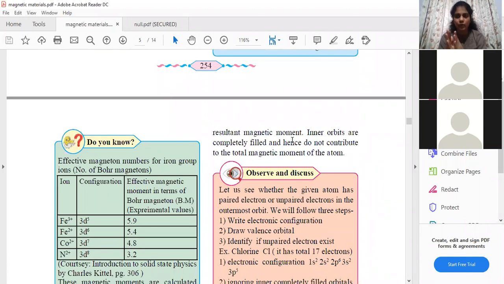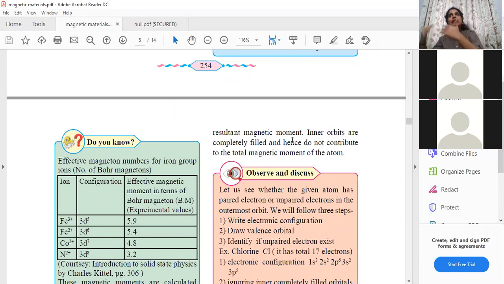So what they are trying to say is, if there are no unpaired electrons, if everything is paired up or everything is empty, then the net magnetic moment, the resultant magnetic dipole moment, is 0. And what I discussed a few minutes ago is that any material is said to have magnetic properties only if it can exhibit magnetic dipole moment.